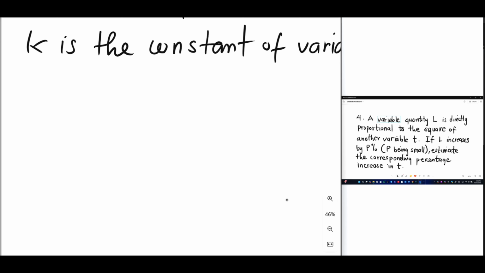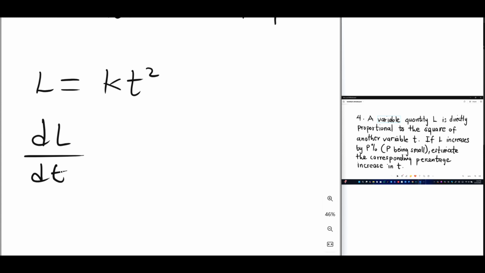All right. So you know that we have a function L in terms of T. So L is equal to KT squared. So our dL/dT is approximately the same as the small change in L divided by, with respect to the small change in what? T. All right.